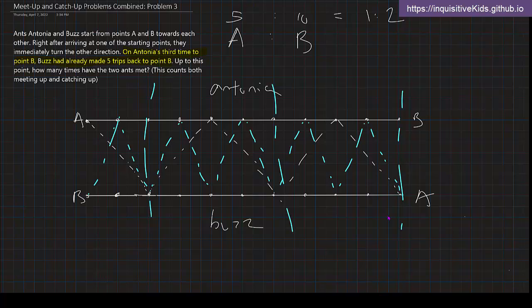Buzz has already made 5 trips back to point B. Now I'm just going to take a different marker, and we're just going to highlight the different parts where the 2 lines intersected.